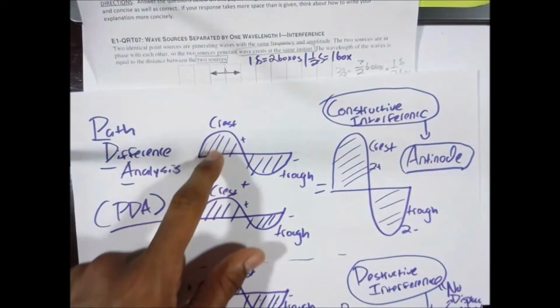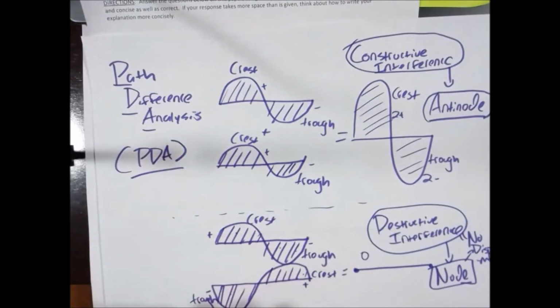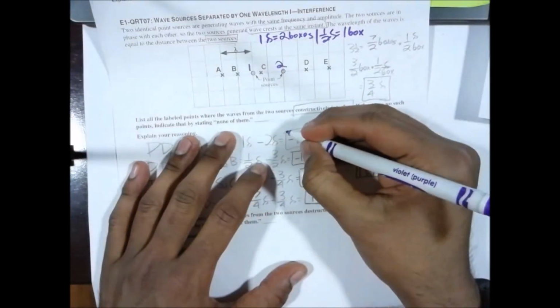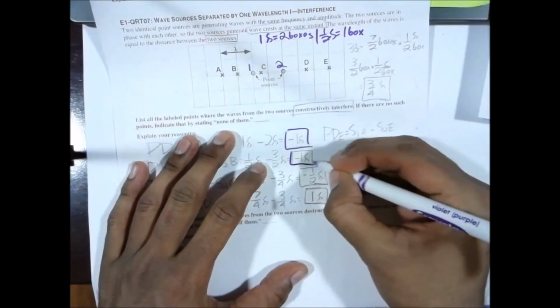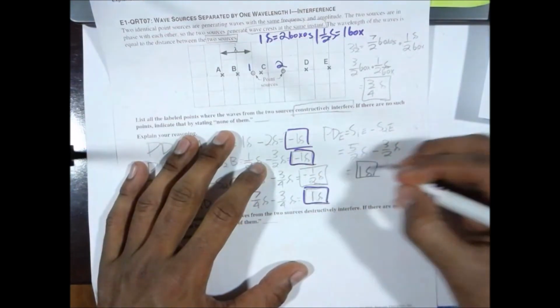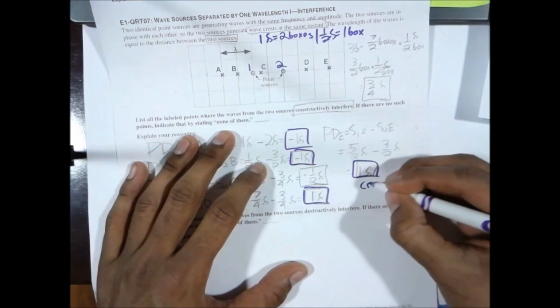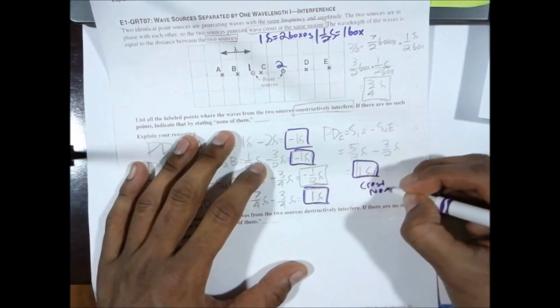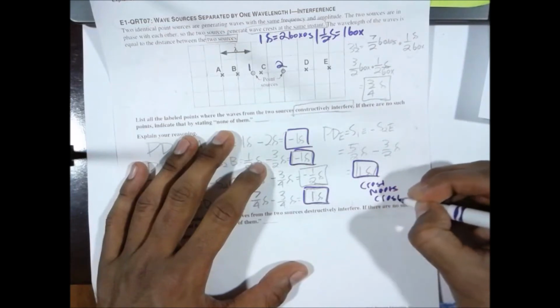So every time you have a whole number, you know you're going to have crest meets crest.